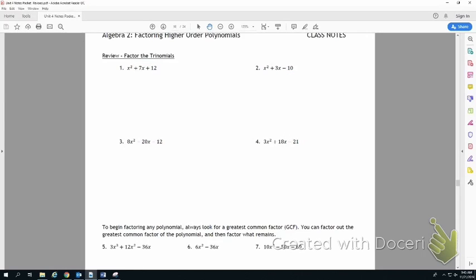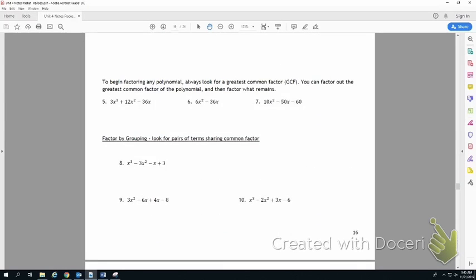Alright, let's go to the next part. So this next part is just about greatest common factors. Looking at 5, what would the greatest common factor be? 3x. Because that last term has an x on it.